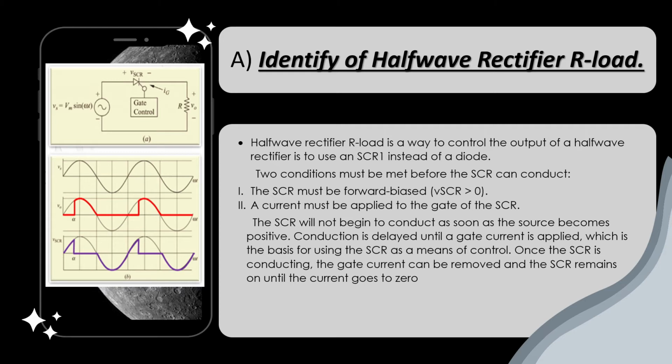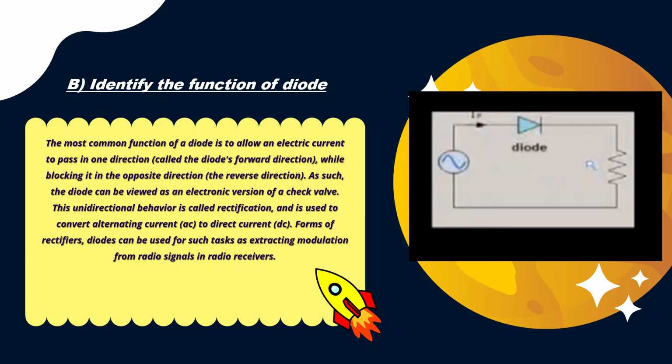The SCR will not begin to conduct as soon as the source becomes positive. Conduction is delayed until a gate current is applied, which is the basis for using the SCR as a means of control. Once the SCR is conducting, the gate current can be removed and the SCR remains on until the current goes to 0.